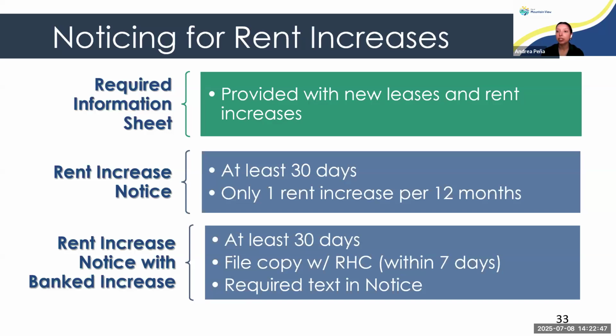So there is an additional sort of noticing requirement that we see here for banked rent increases. There also needs to be some required text in that notice that describes the tenant hardship that we spoke about a few minutes ago. I'll show you what that looks like and again, where you can access that document.